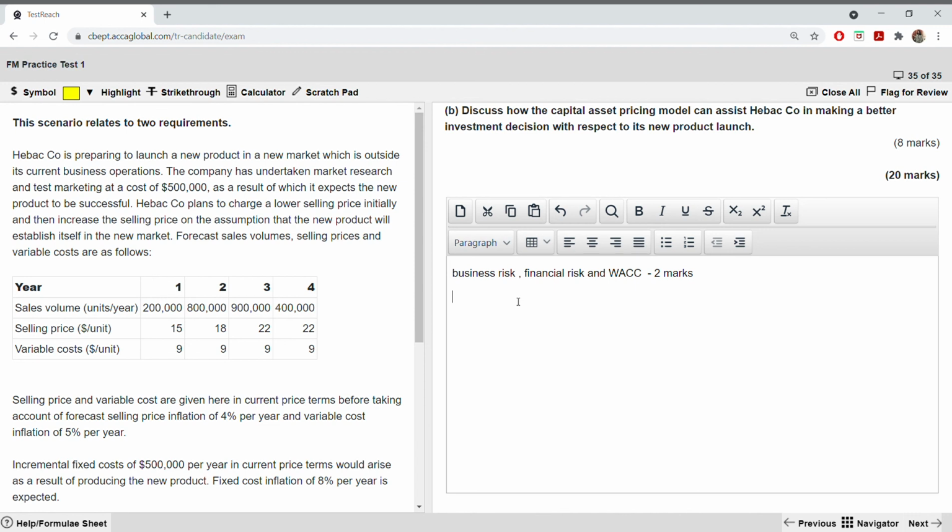Using a proxy company, you are getting 1 mark. Systematic risk, business risk, and financial risk, 1 mark.